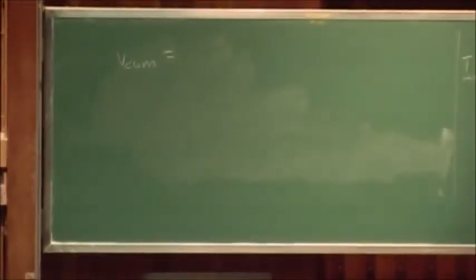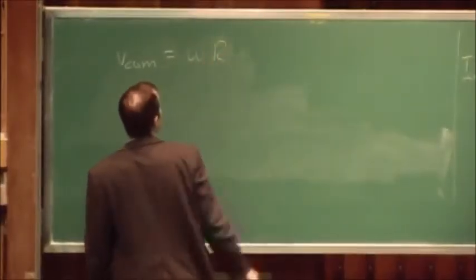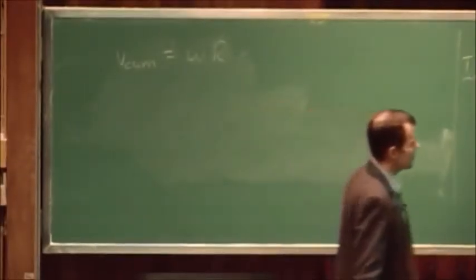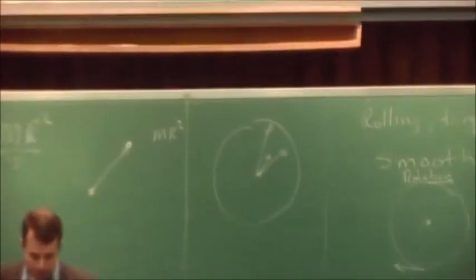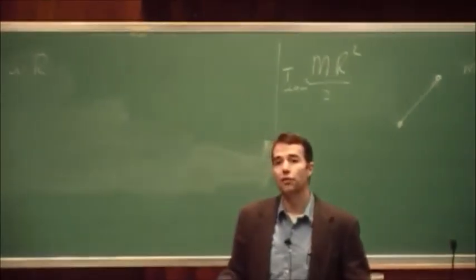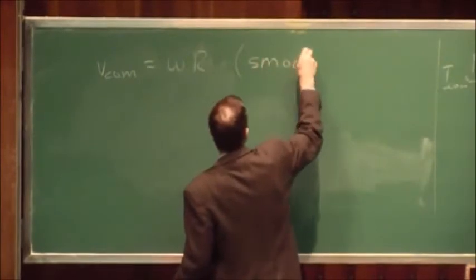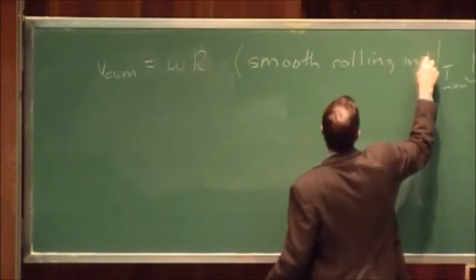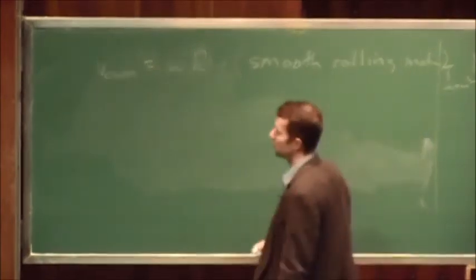And so we just simply write this as omega r, where omega is the rotational frequency of this particular system. Okay, so the rate at which this is spinning around. Now this is for smooth rolling motion.